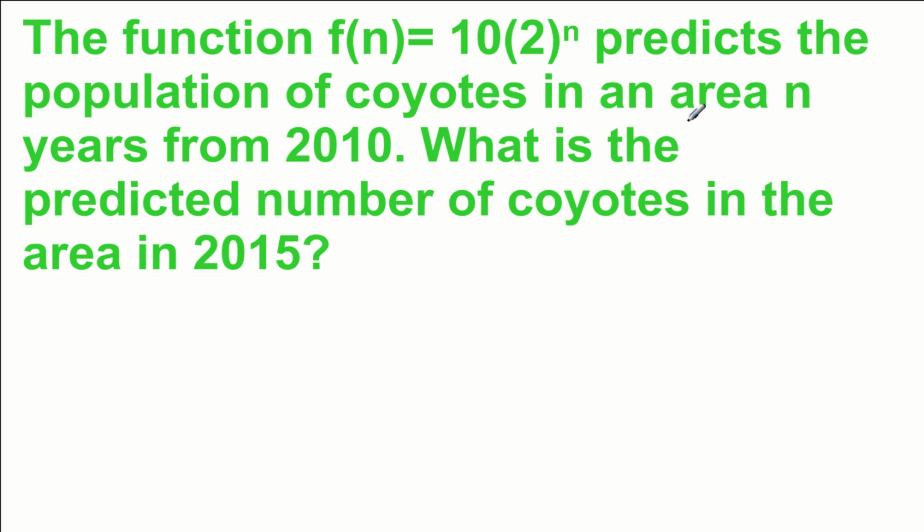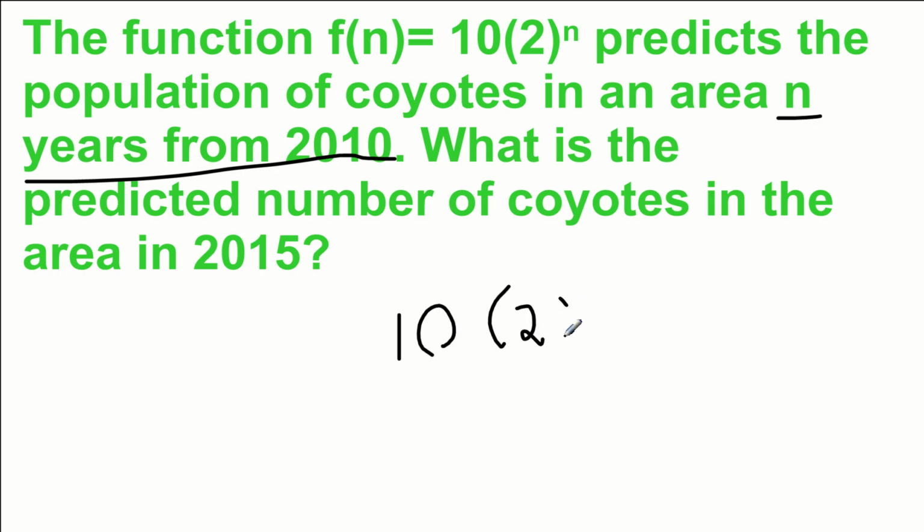All right, so on this one, they give you our function. N is the years from 2010. So we'd have 10 times 2. Since it's looking for 2015, that's 5 years later. So you would put your 5 in. And like she said, that gives us 320. Okay? Any questions on that one?